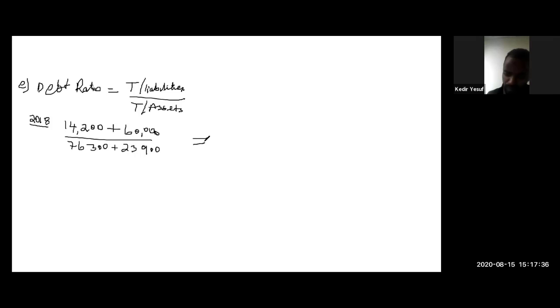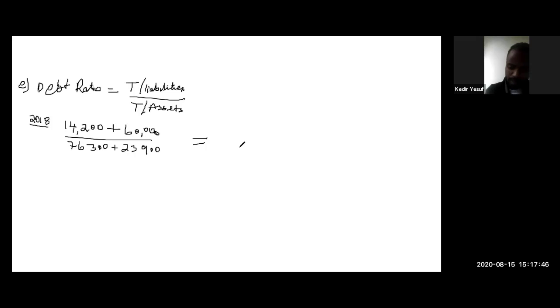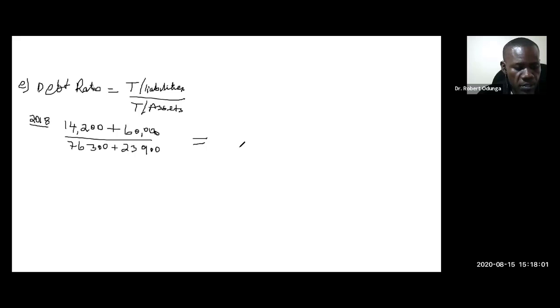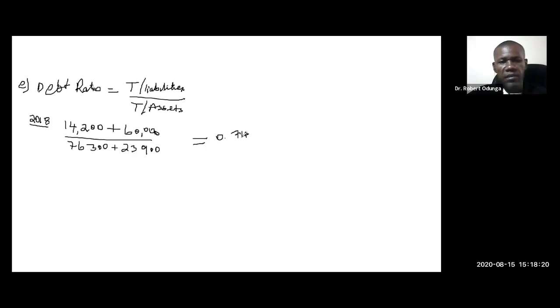So this gives us what? 14,200 plus 60,000, divided by 76,300 plus 23,900, which is 0.74 or 74%.